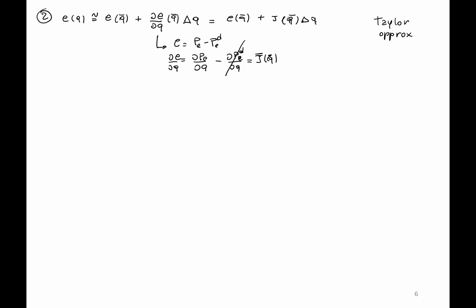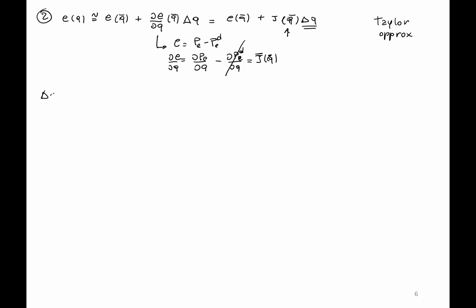Then we solve this. So we want to solve this linearized problem that is in the variable delta Q, because now we no longer have the non-linearities because we evaluated our Jacobian. So we have a matrix of numbers. So everything is linear in delta Q here.